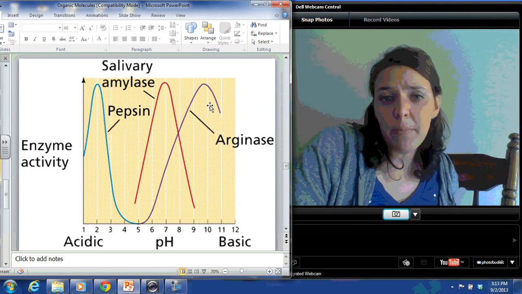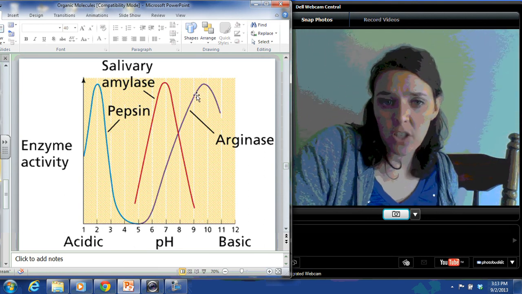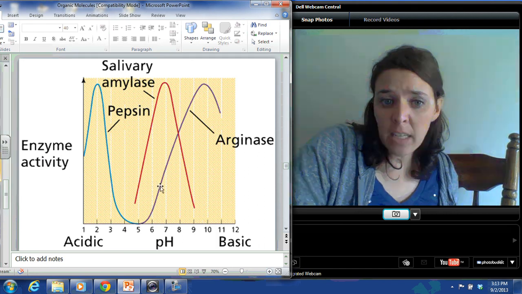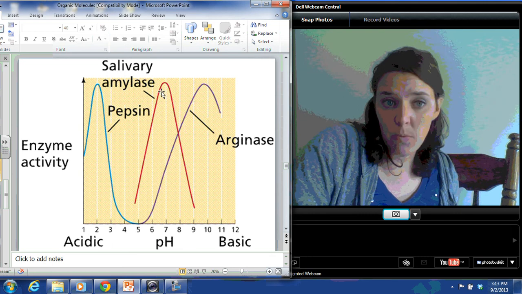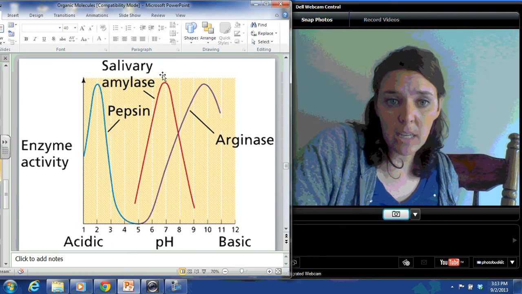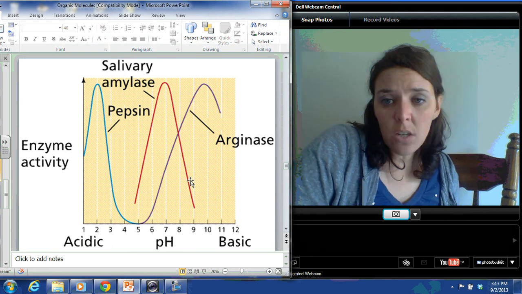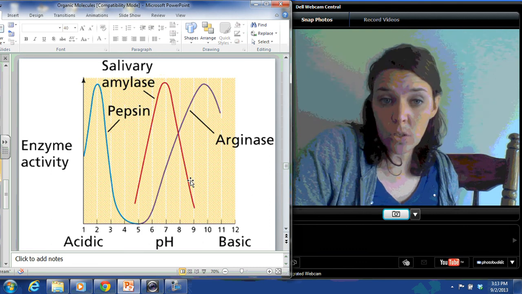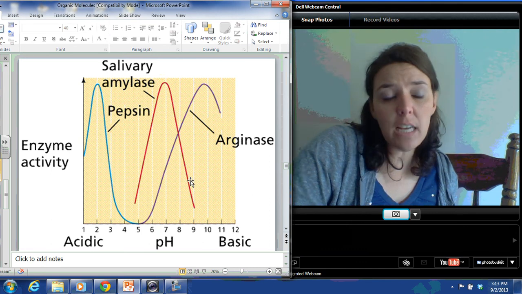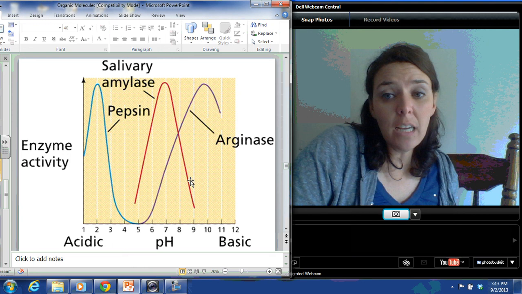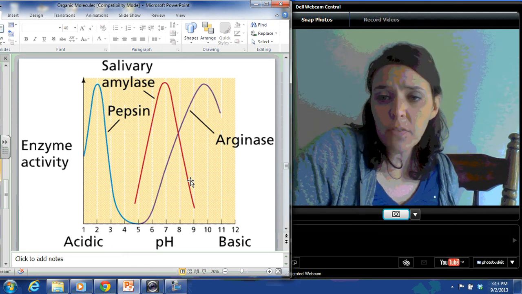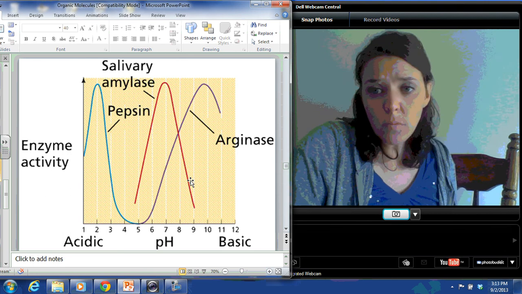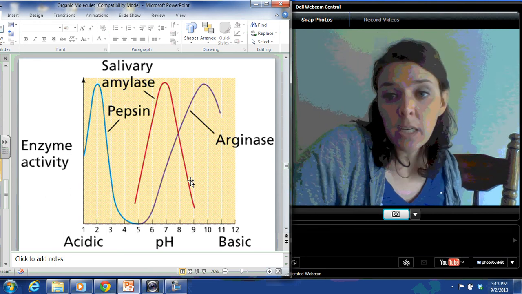If you take them out of their normal pH range, you can see here, it becomes denatured, and so you do not get a good product. With your amylase, if it's too acidic or too basic, it no longer works the way it's supposed to. So if an enzyme is in a condition that is not optimal for it, it will become denatured. But if the conditions are good, then it will work like it's supposed to.